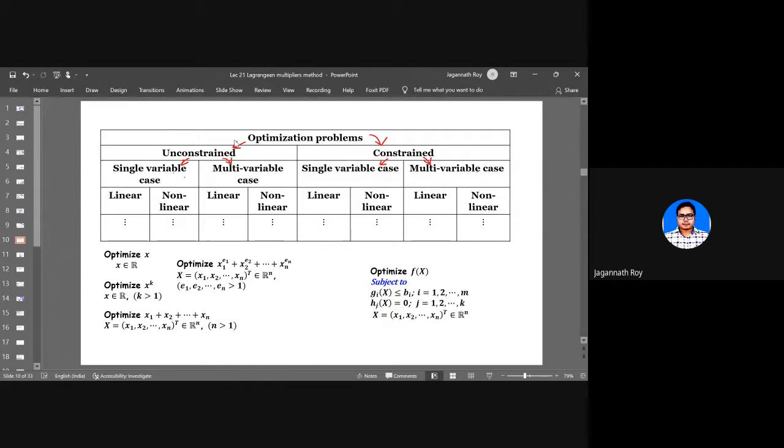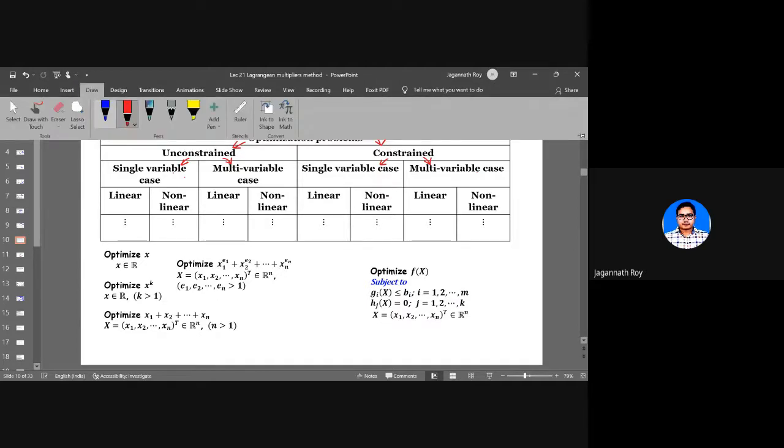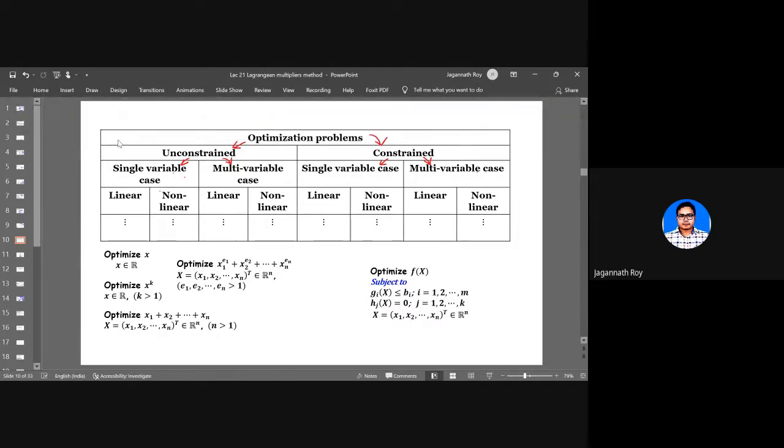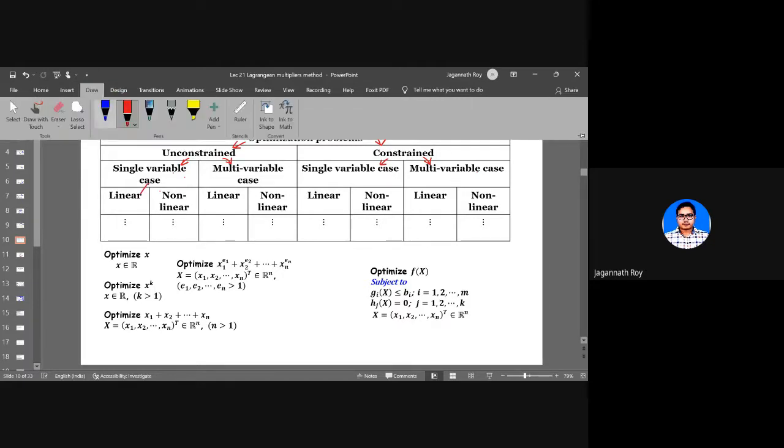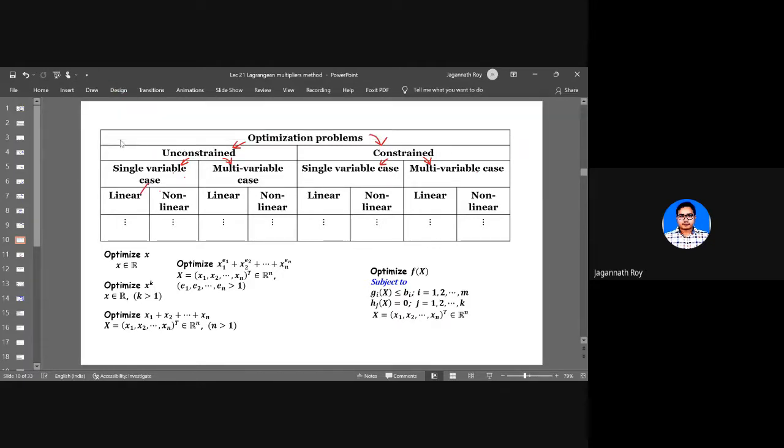Another bifurcation can also be there for the single variable case: a linear case and a non-linear case. Again, this is also linear case, non-linear case. So all of them can be linear or non-linear.